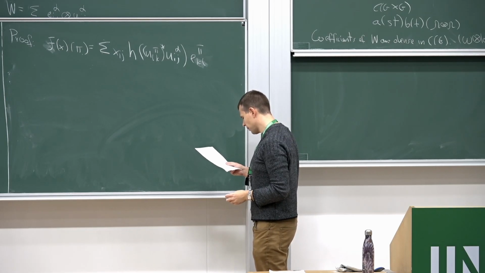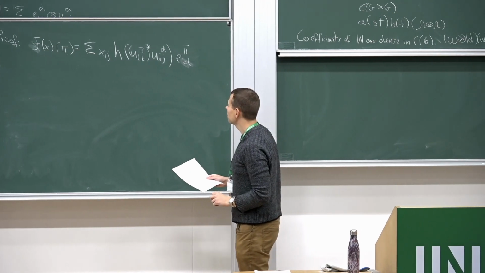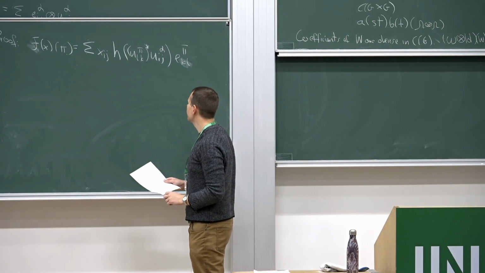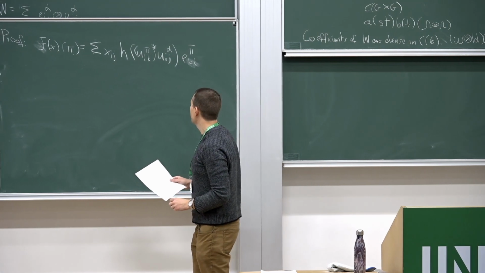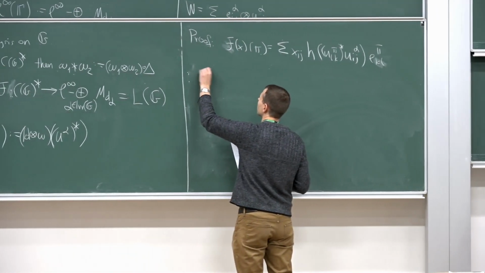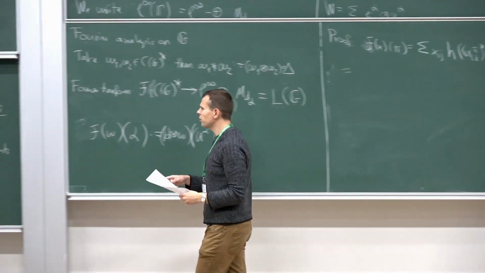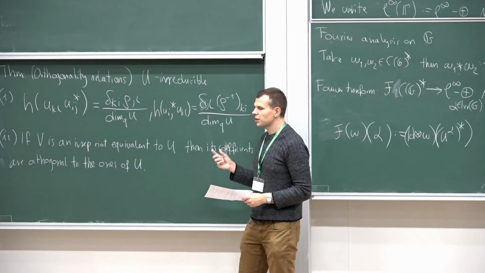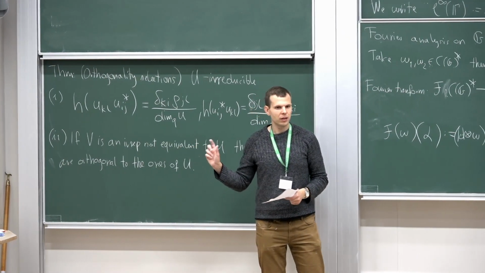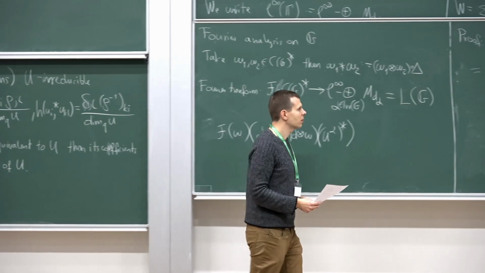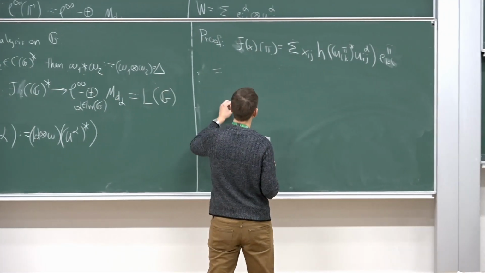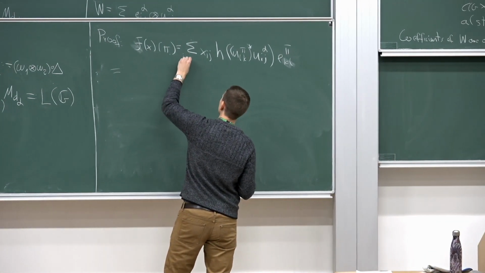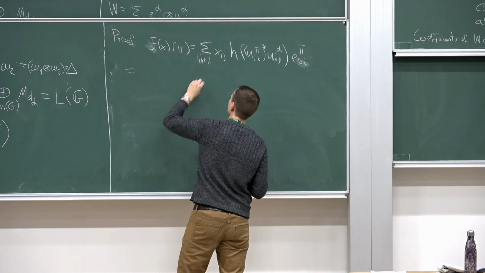Okay, I guess that's fine. That's the same that I wrote in my notes, so I assume it's correct. Okay, so then the first thing which follows from the orthogonality relations is that if pi is not equivalent to alpha, this expression is 0, right? So we get the sum is over all these i, j, k, l.